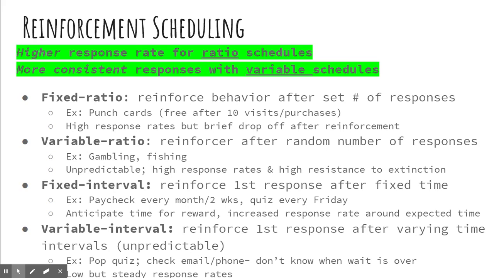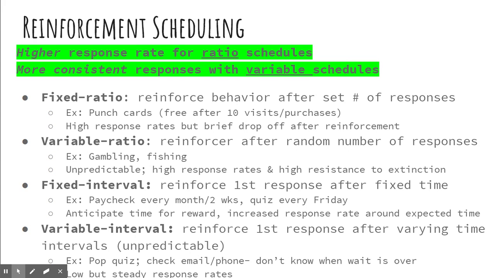So your options here are between either fixed or variable. Meaning that it is going to be fixed, consistent, not all over the place, or variable in that it's kind of a random amount of times after which they get it. So fixed is a consistent reward, variable is a more random reward.